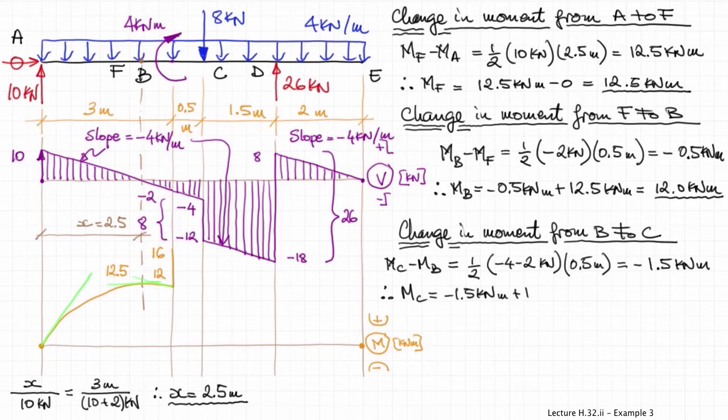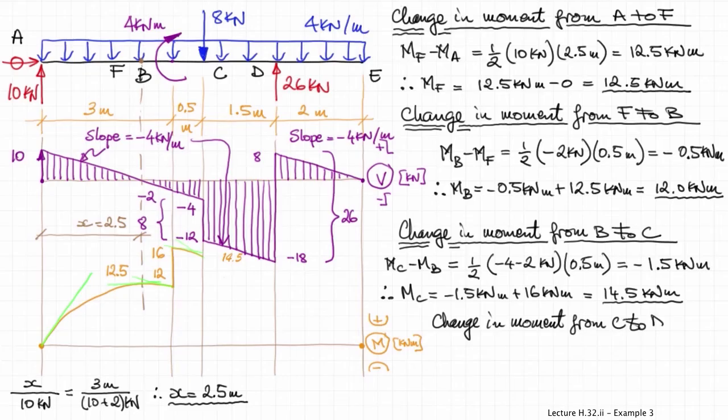And of course, as the shear force decreases linearly into the negative range, then the slope of the bending moment diagram will also decrease, and the bending moment diagram will still be a parabola. Now, to the right of C, we have a sudden change in the shear force.